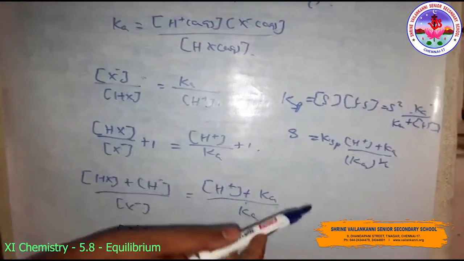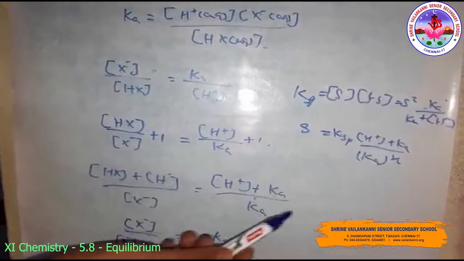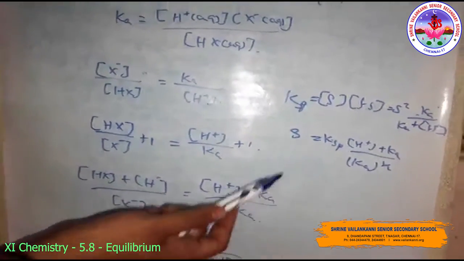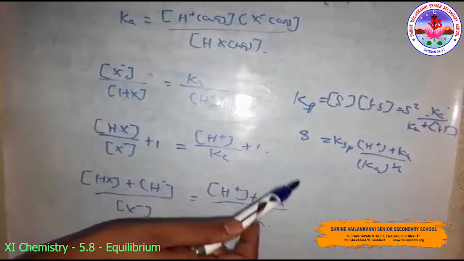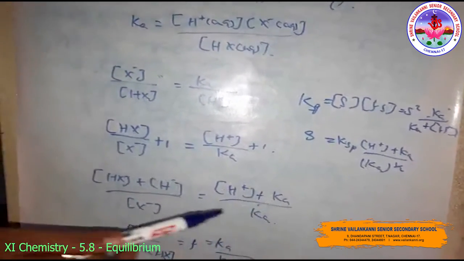Then the solubility S increases with the concentration of H+, or with a decrease in pH. So this is the common ion effect on the solubility of an ionic salt.